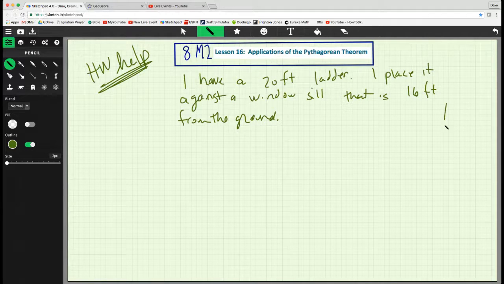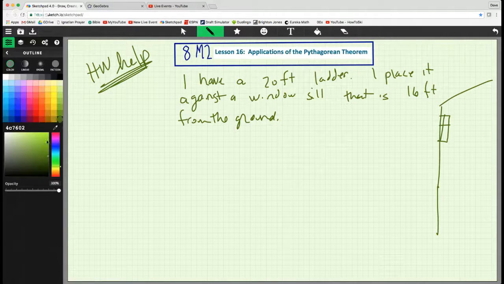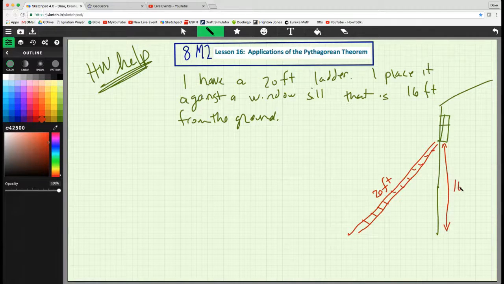So I have this house here, and there's this window, and I have this ladder that I'm going to place against it. The ladder is like this, and it is 20 feet long, and this windowsill is 16 feet high.